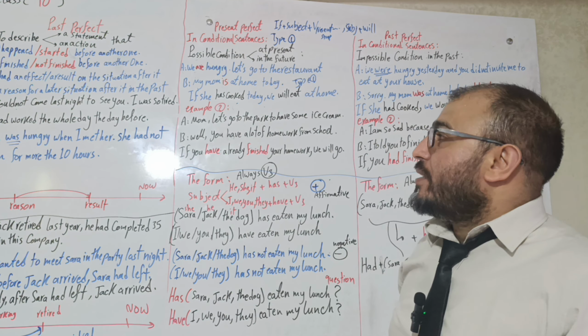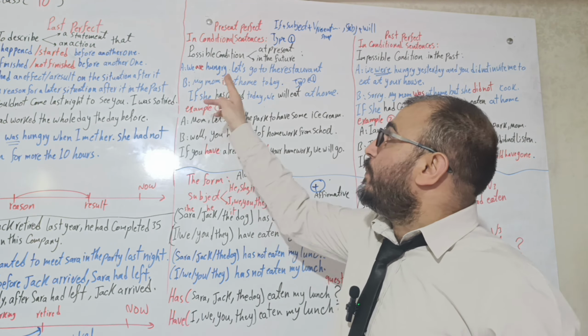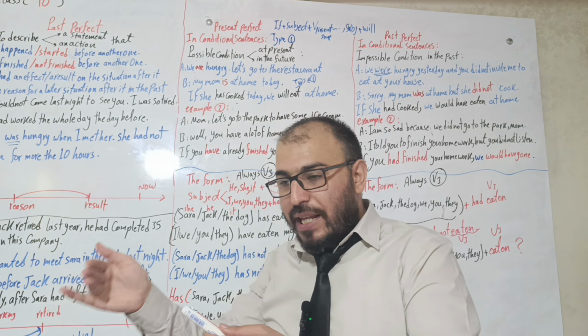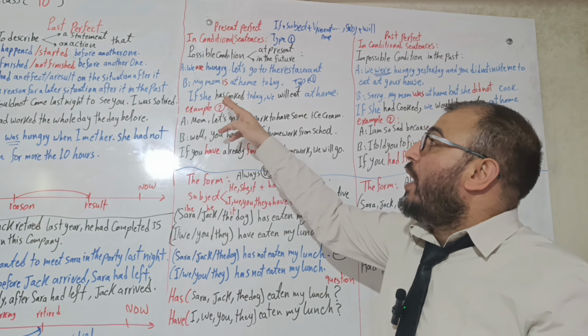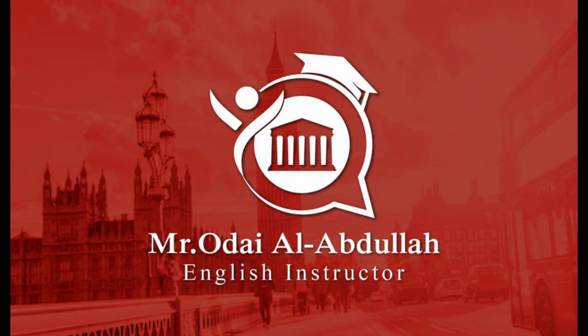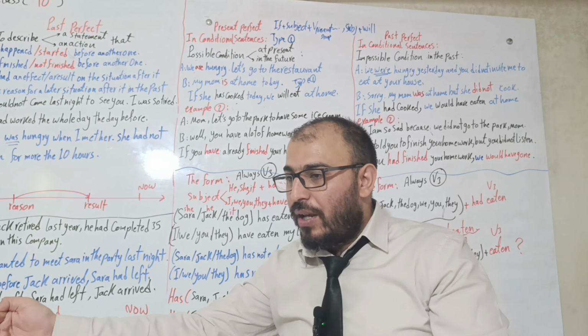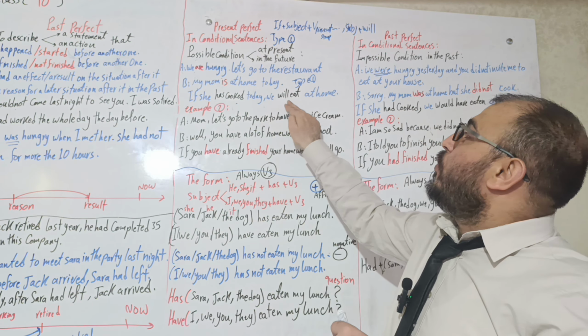Here, my friends, the best contextual use of present perfect is to talk about something that happened in the past and its result is now. So I tell my friend, if my mother has cooked, this means if my mom cooked in the past and there is still food now, we will eat.